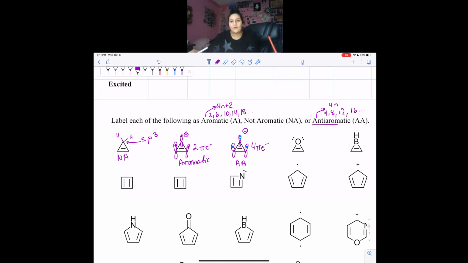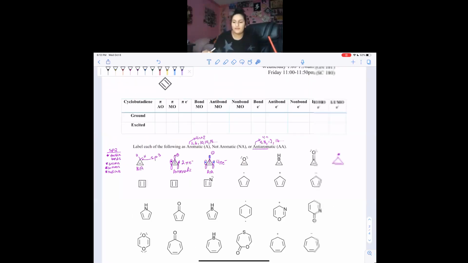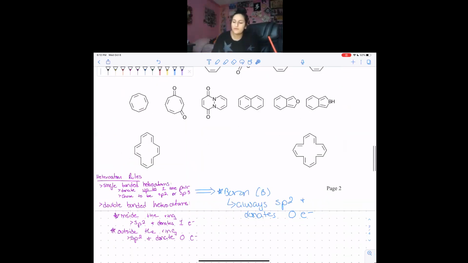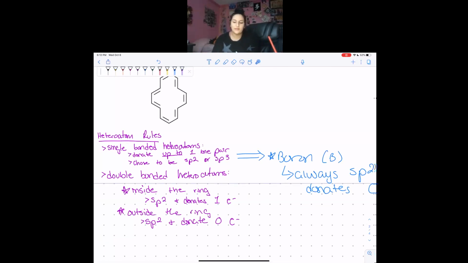All right, so in the next one, we have a heteroatom. So let's take a quick look down here at our heteroatom rules. We were going through them in the last tutoring session. They're not all written down yet. But the first thing that we were looking at is single bonded heteroatoms donate up to one lone pair of electrons, and they get to choose between sp2 or sp3.